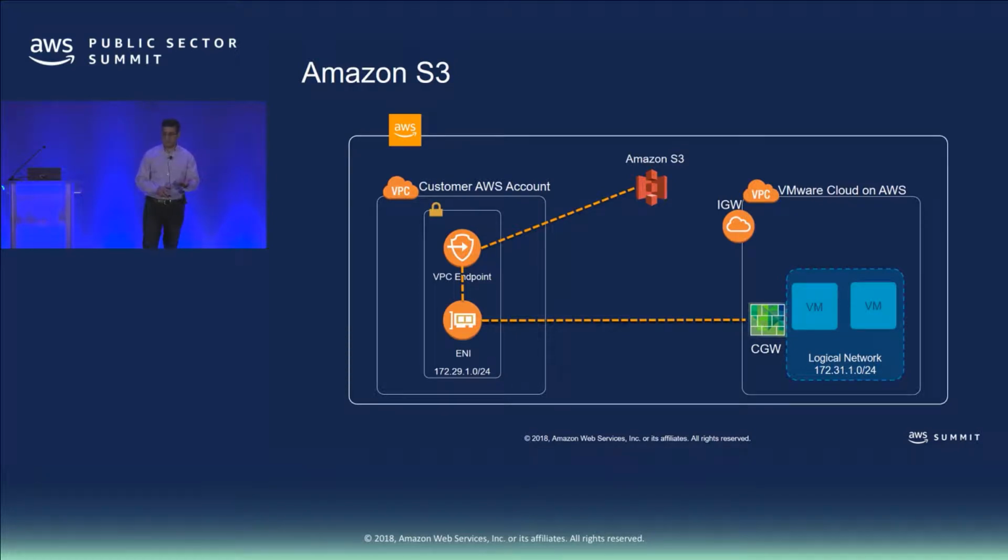The benefit here is that you can write advanced bucket policies where you say, this bucket, for example, can only be accessed from this endpoint from my VPC. In this case, traffic coming from your VMware environment is not going to look like public traffic. It's going to actually look like private traffic coming from your VPC.